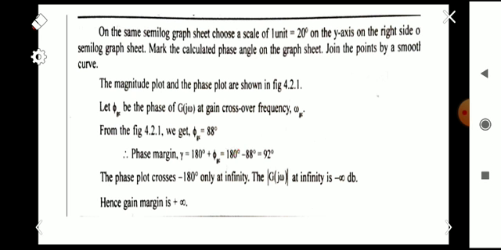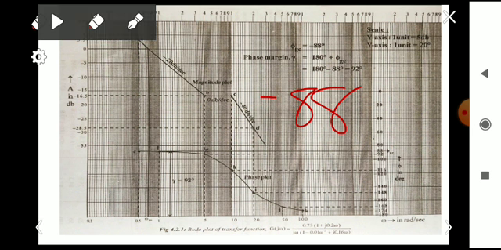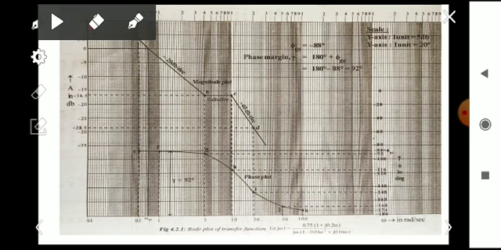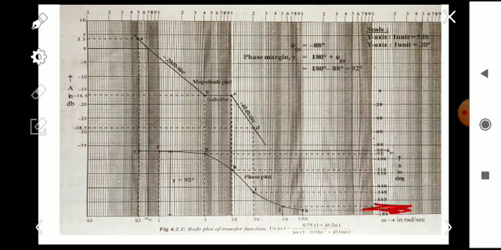For finding the gain margin, we have to check whether our phase plot crosses minus 180 degree.